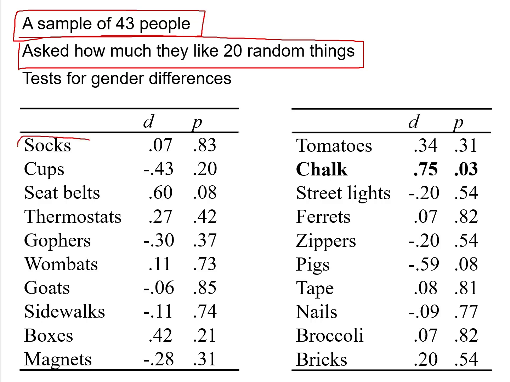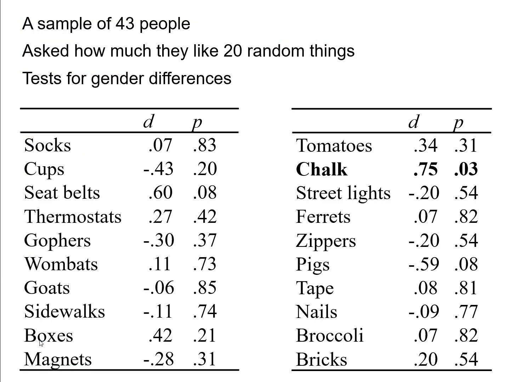So how much do you like socks? How much do you like cups? And then I asked about seatbelts and thermostats and gophers and wombats and goats and several other random objects.